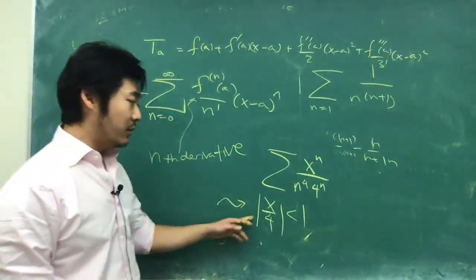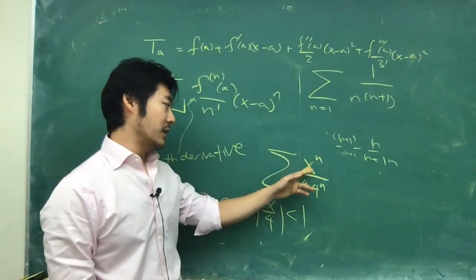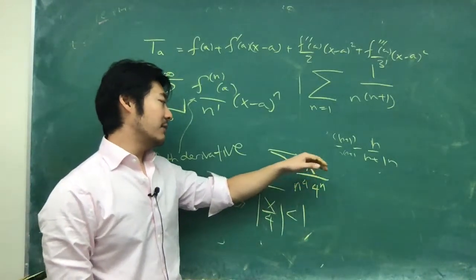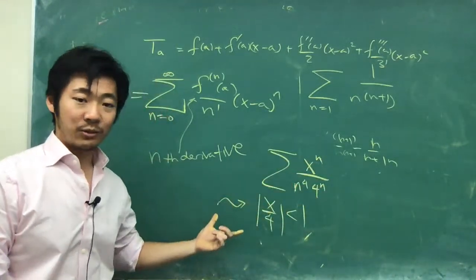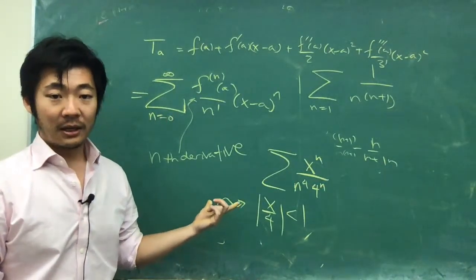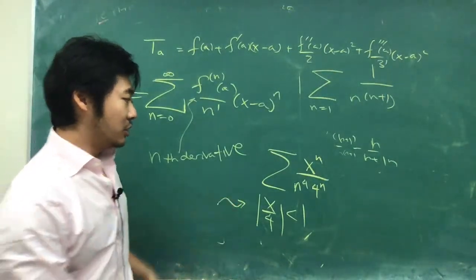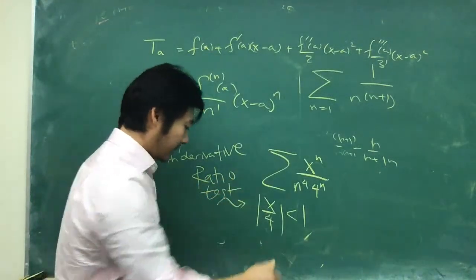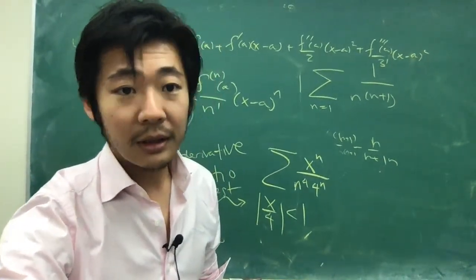And then from here, you would know that if you plug in at the endpoints, 4 and -4, you're going to get -1 to the n and 1 to the n. So it's going to be either the series 1 over n to the fourth, or -1 to the n divided by n to the fourth. But then it's n to the fourth, so both endpoints will converge. So you're going to end up using the alternating series test always for these ones. So you can more or less guess what's going to happen. But again, just use the ratio test.